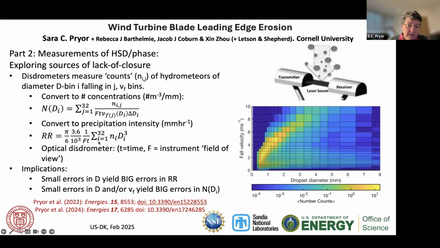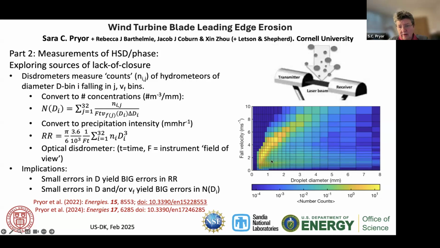If we want to convert them into rainfall rates, of course, there's a cubic dependence on the diameter. So the implication is that small errors in diameter reported by disdrometers yield very big errors in rainfall rates, and small errors in either diameter or fall velocity yield big errors in our number density.